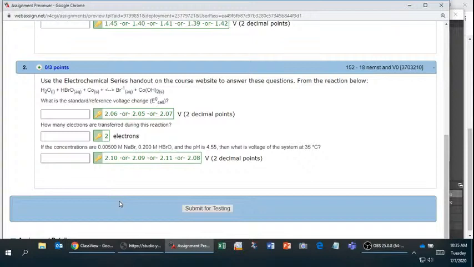And you're given 0.005 molar sodium bromide, 0.200 molar HBrO, and your pH equals 4.55.